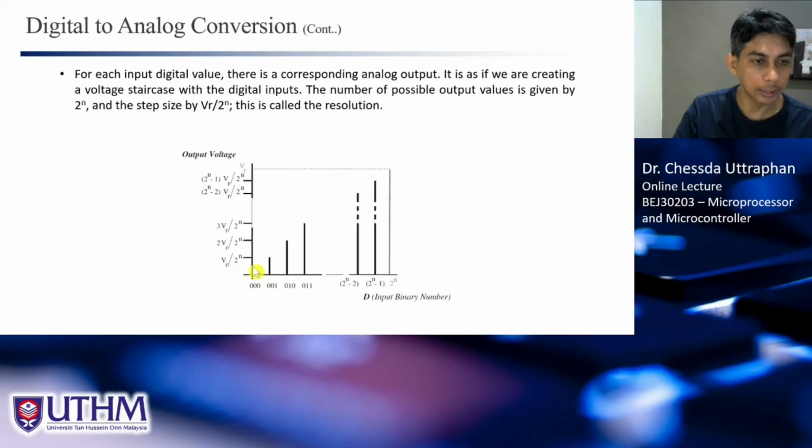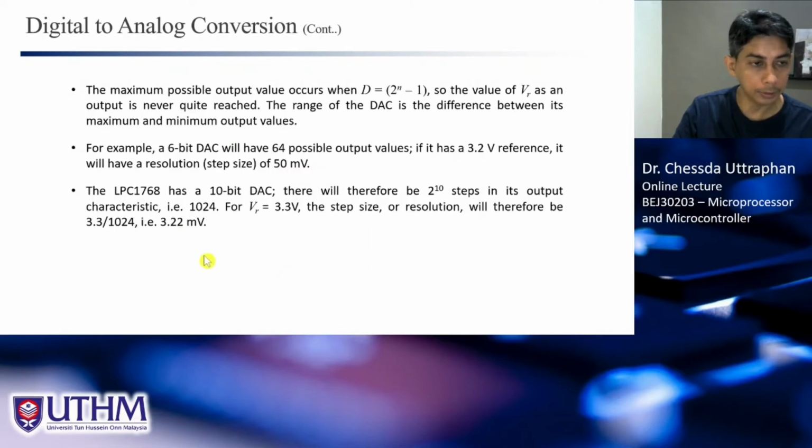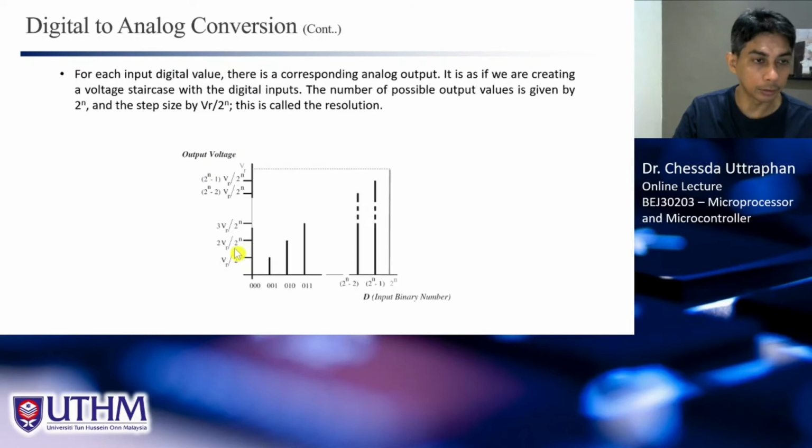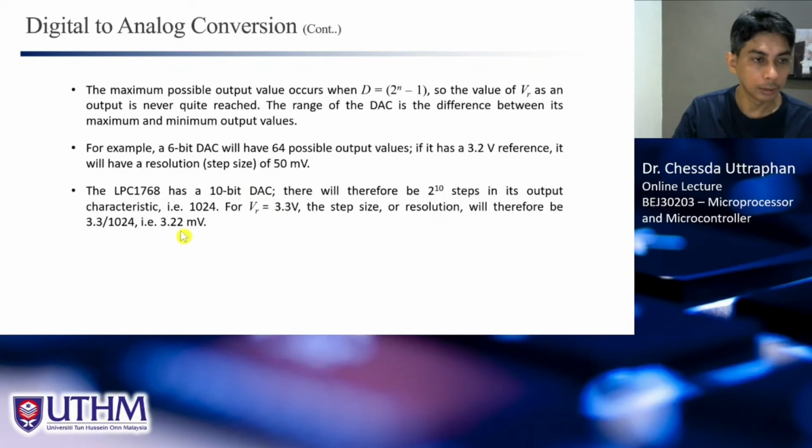So for our microcontroller the step size is 3.22 millivolt because it is 10-bit. Of course if we have more bits, the step size is smaller, and this is better. The more bits you have, the better the result.